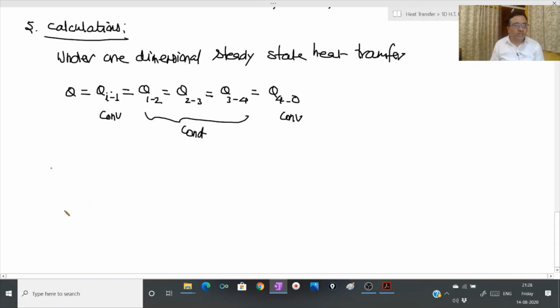Now let us write down the expressions for these rates of heat transfer in terms of temperature difference and thermal resistances.